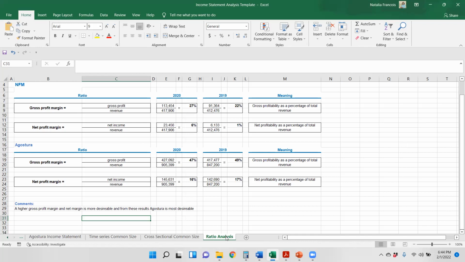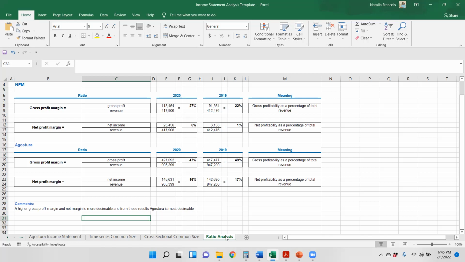You hear the term gross profit margin, and I explained to you already what gross profit is. Sales minus cost of sales, and we know it by looking at the statements. Sales revenue minus cost of sales gives us gross profit.